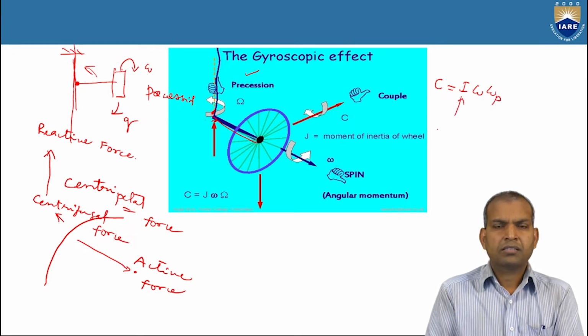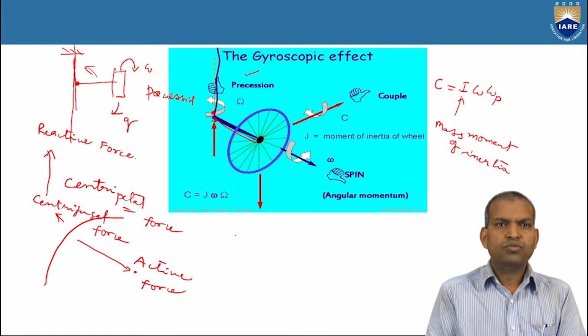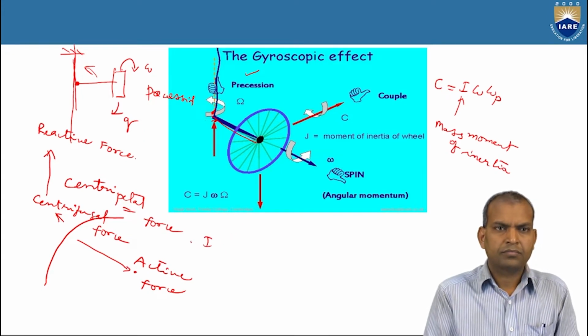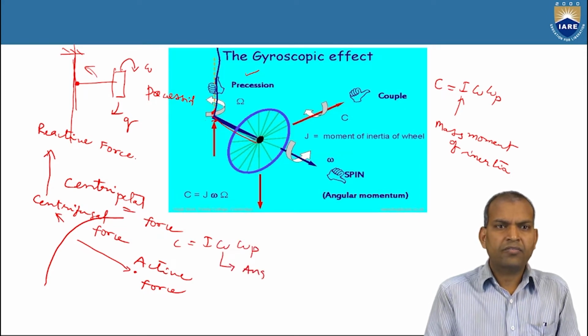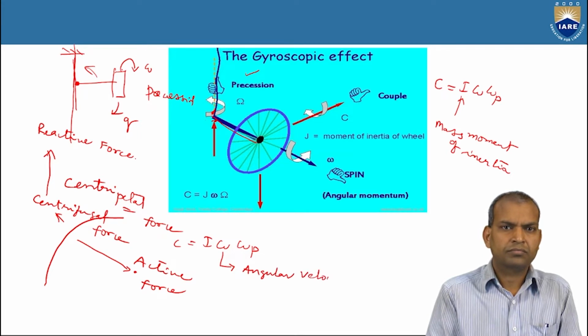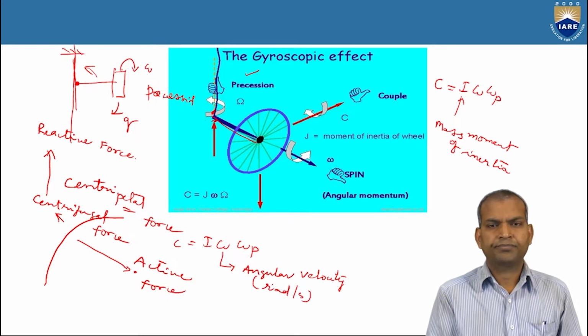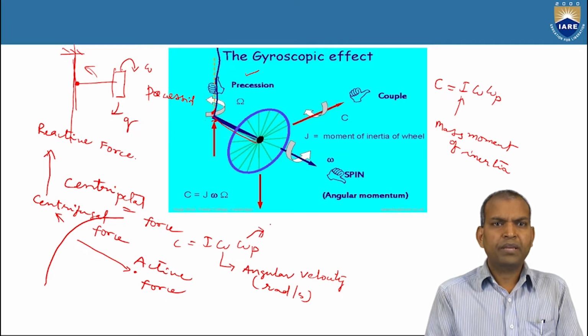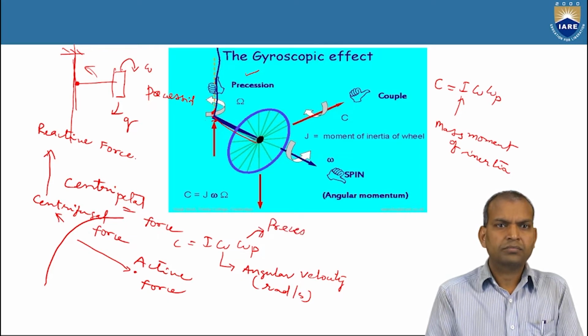Here I is the mass moment of inertia, omega is the angular velocity in radians per second, and omega p is the precessional angular velocity.